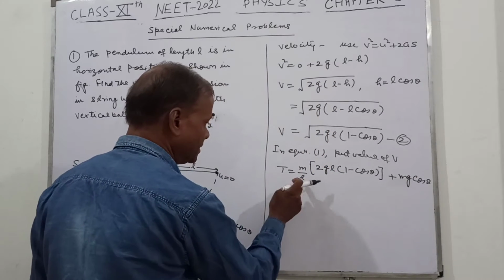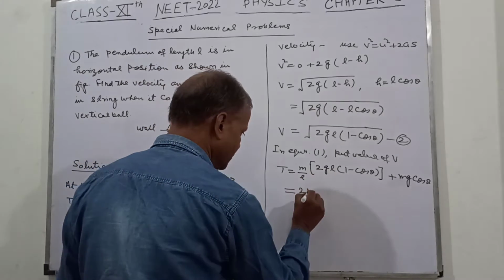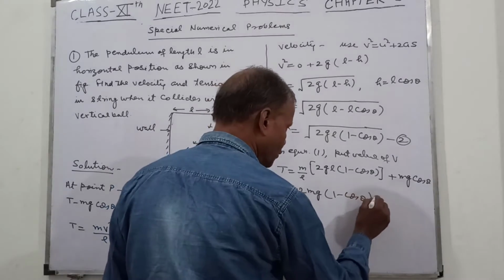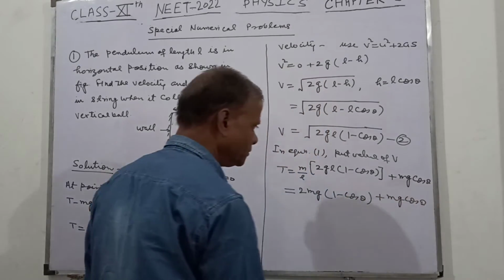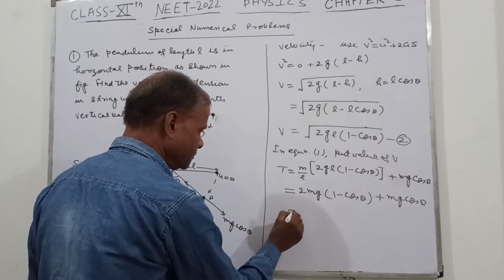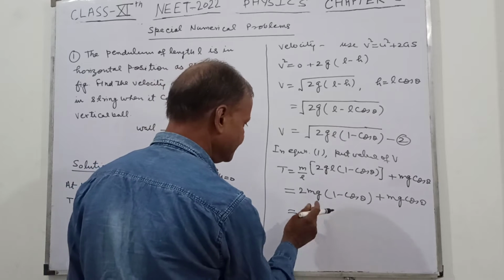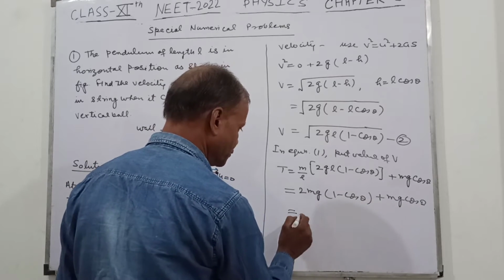The L will cancel. This is 2mg into 1 minus cos theta plus mg cos theta. So this will be 2mg minus 2mg cos theta plus mg cos theta, which is minus mg cos theta.